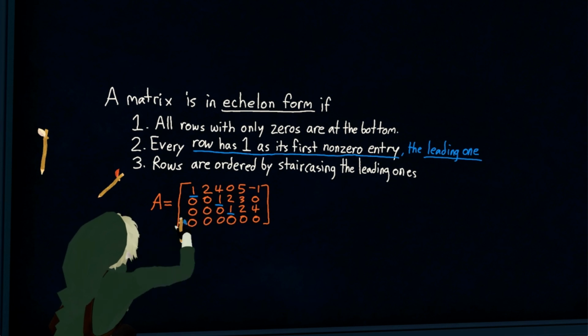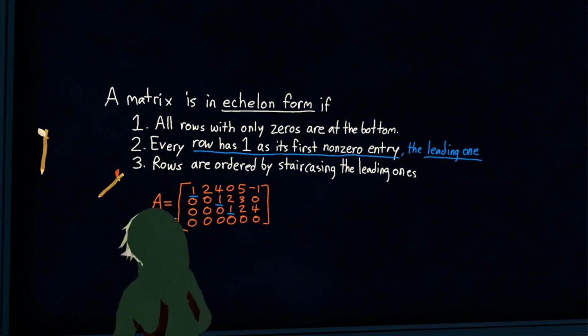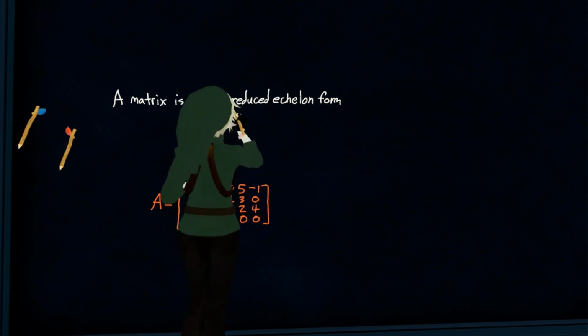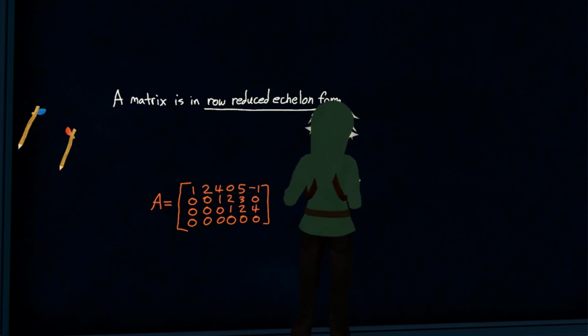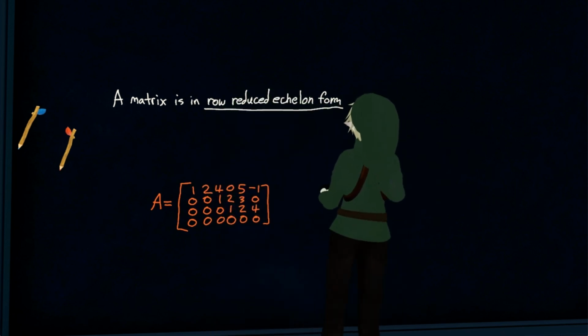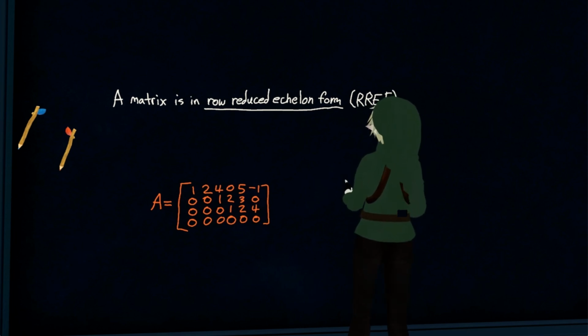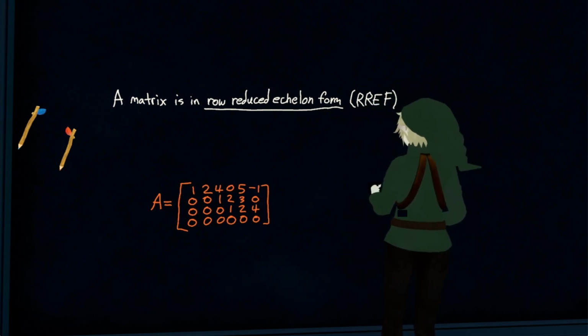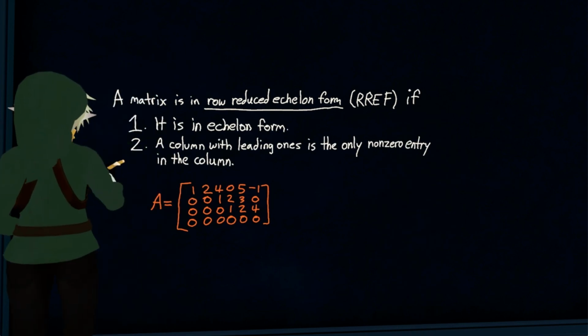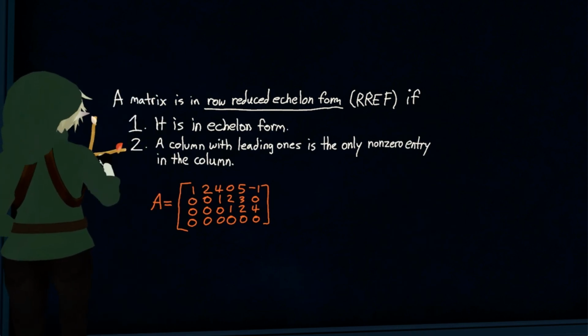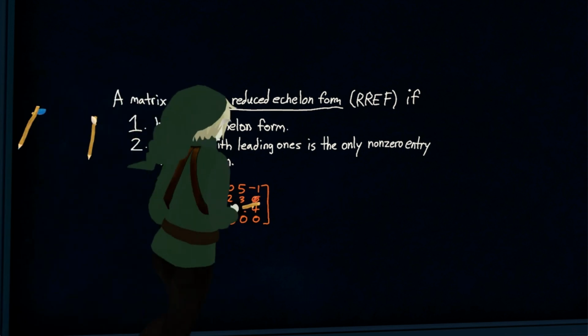So this is what we call an echelon form. Row reduced echelon form, in your graphing calculator or some computer programs, is abbreviated as RREF. This is what I'm talking about. Okay? RREF. And let me show you a huge difference with this.